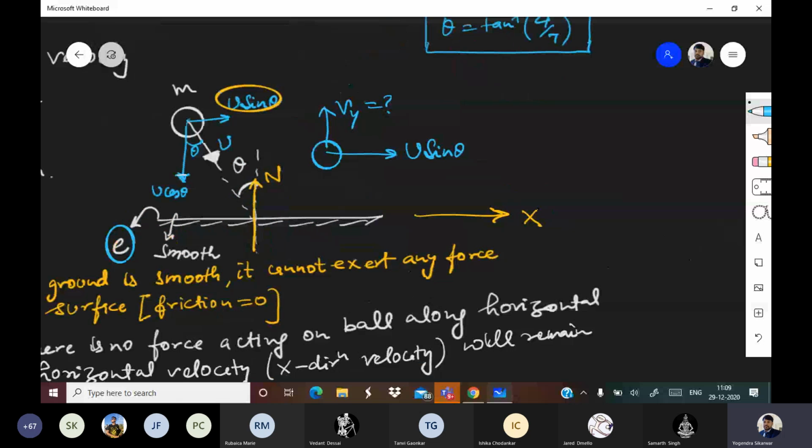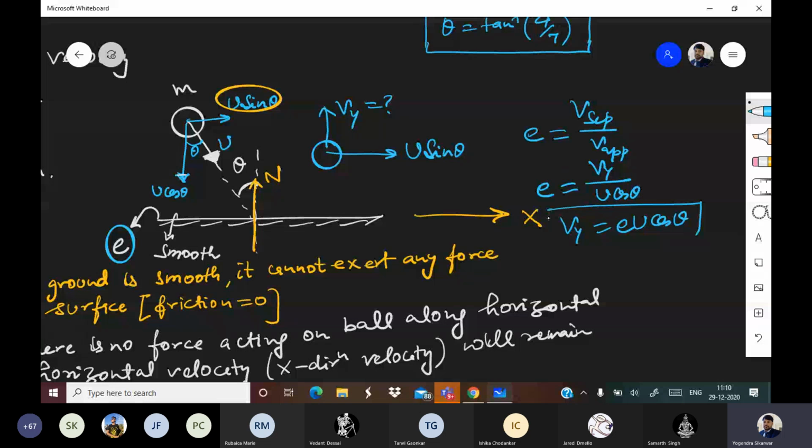E is equal to velocity of separation upon velocity of approach. Velocity of separation will be Vy, and velocity of approach was u cos theta. So Vy comes out to be E u cos theta. Everyone, please note this.